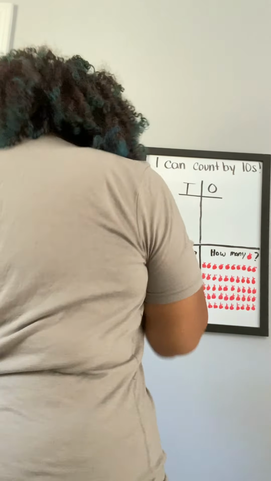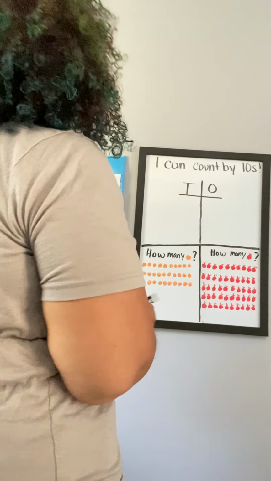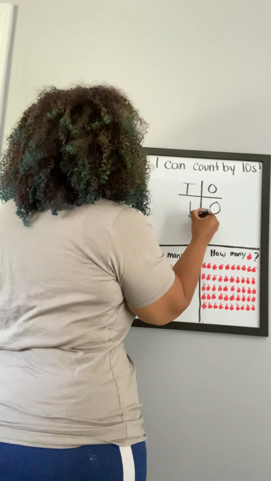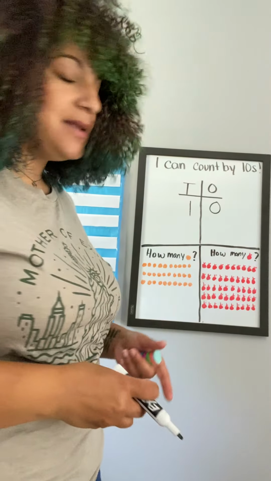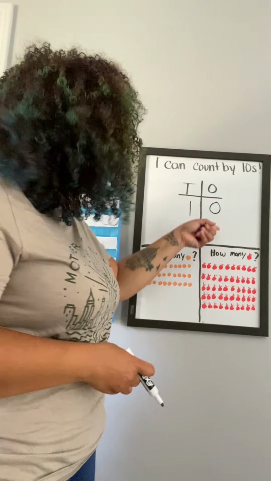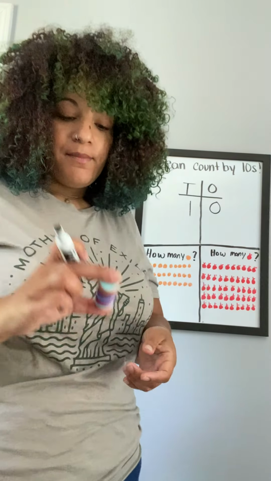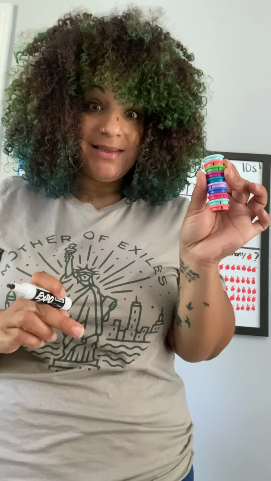I no longer have any ones. I have 0 ones. And I have a group of 10. And that is how we get the number 10. It has 0 ones, and it's now one group of 10 because all of those ones bundled together to form a 10 stick or to form a 10.